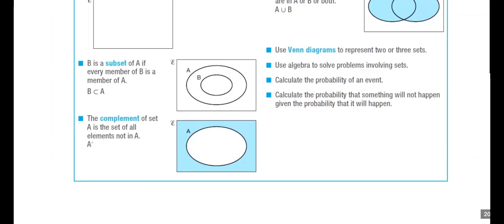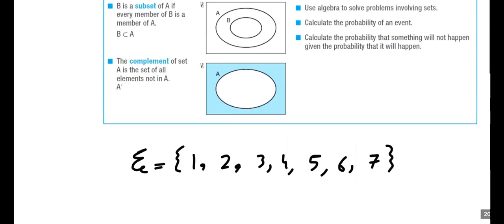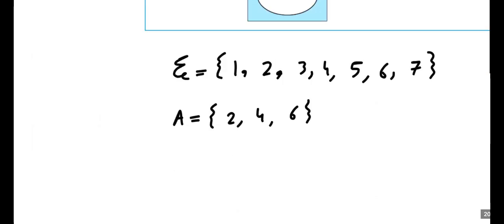So, for example, if you have a universal set, actually universal set is written by this kind of symbol. Let's say my universal set is 1, 2, 3, 4, 5, 6, and 7. And then I make a new set A out of that universal set which contains 2, 4, 6. What is A complement now? What is everything in A complement? Any idea?